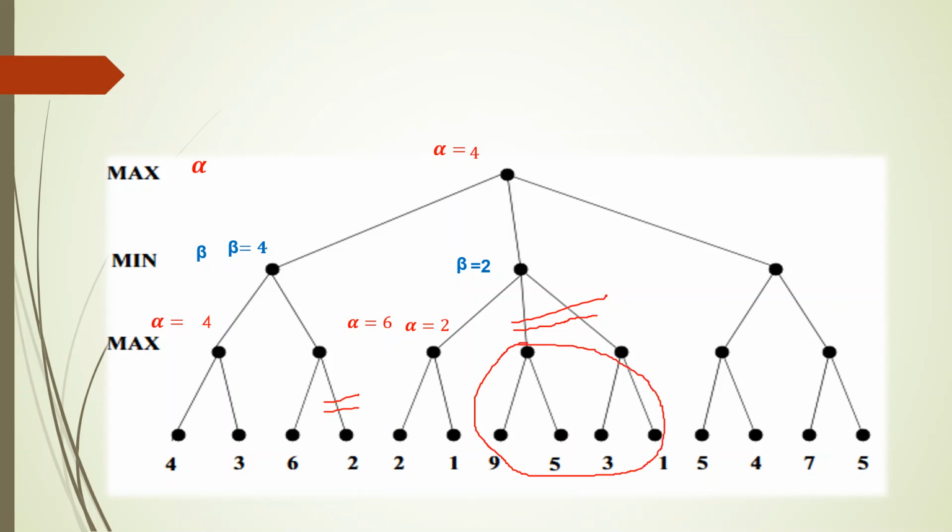Now again, this node will search for the next node which belongs to beta, and this node will look at its next node, and this node will look at the bottom. Here it will get a static value. Again here alpha will take value equal to 5, and again it will look at this node. So this value will compare with the value equal to 5.